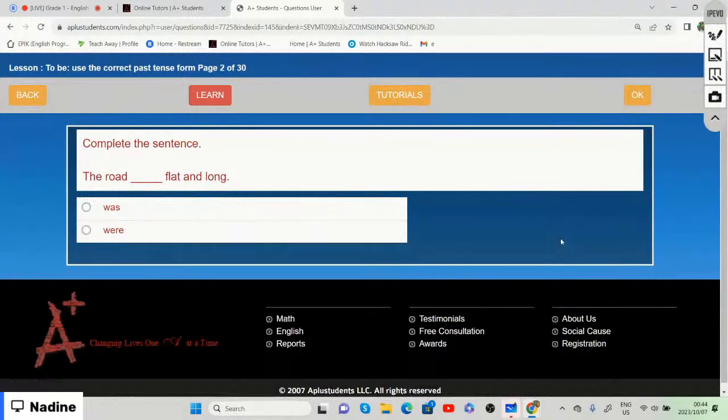So was or were flat and long. So we will say the road was flat and long. So well done. Was is correct. The fire, referring to one fire.